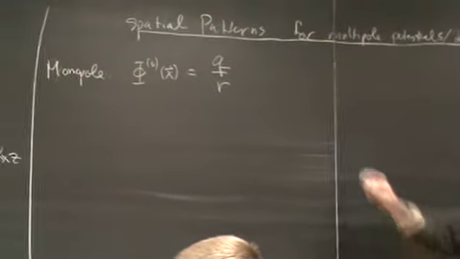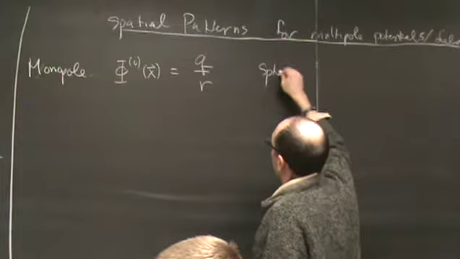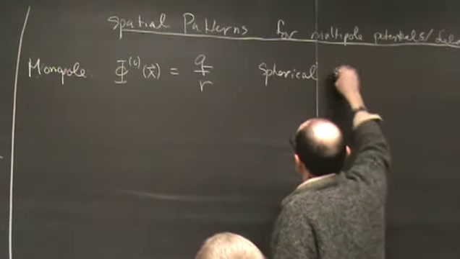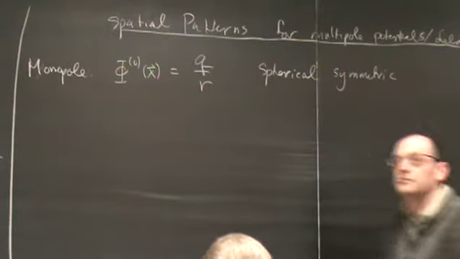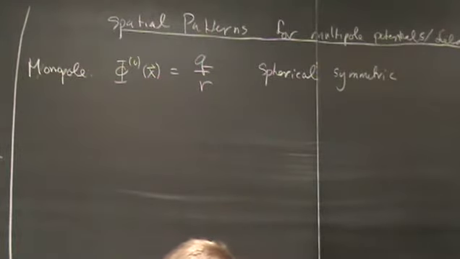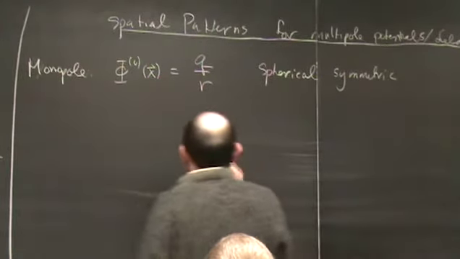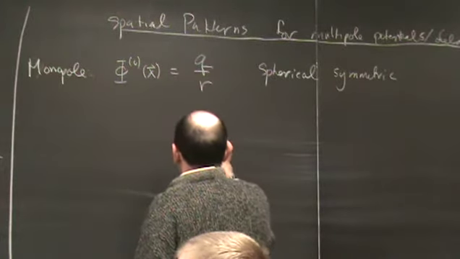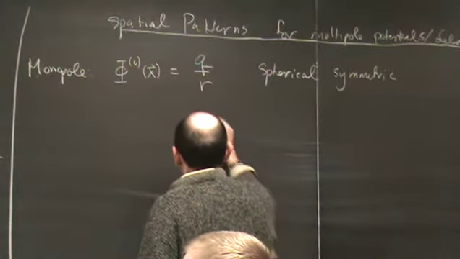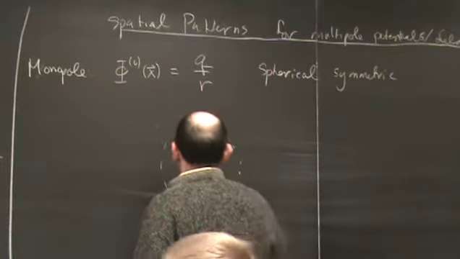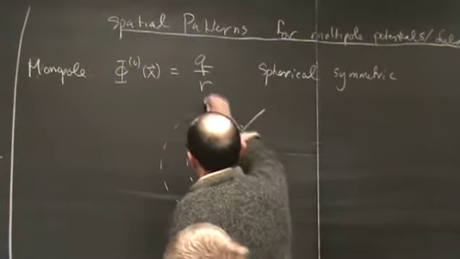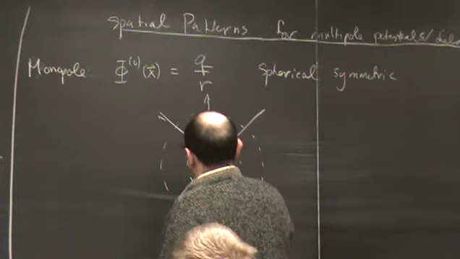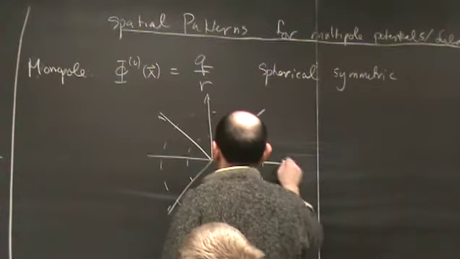And of course, this is spherically symmetric. So in this case, if I were to plot the equipotential surfaces, of course, they are spheres. And the fields are normal to equipotential surfaces.